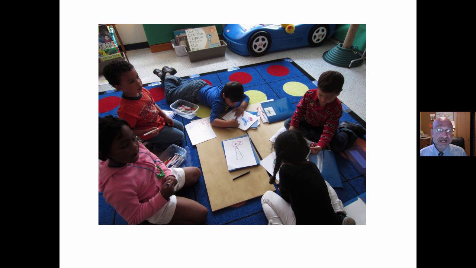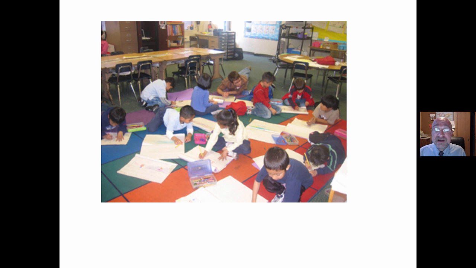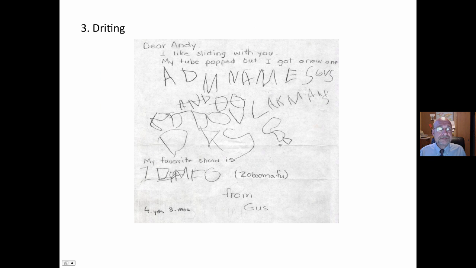And here's a good example of that. Just lots of writing utensils lying around. Writing emerges, it develops as we create the opportunities and the correct things in the environment. It's another good example of children messing around, and that's an adult right there who's kind of modeling the writing.